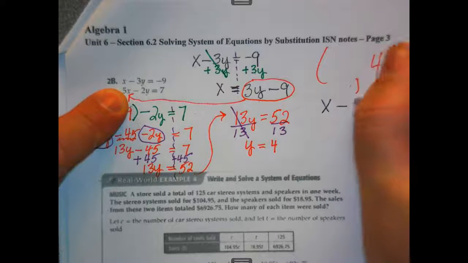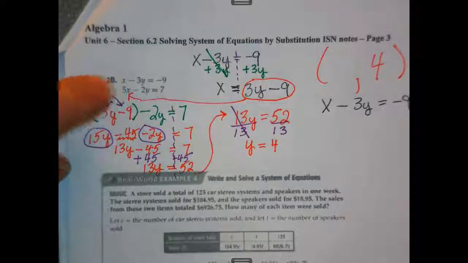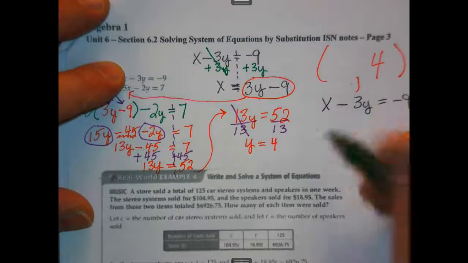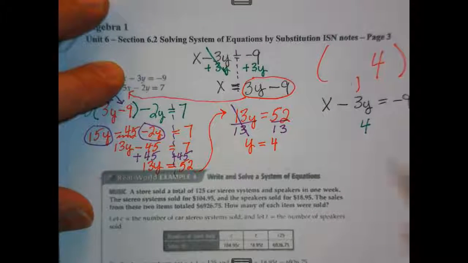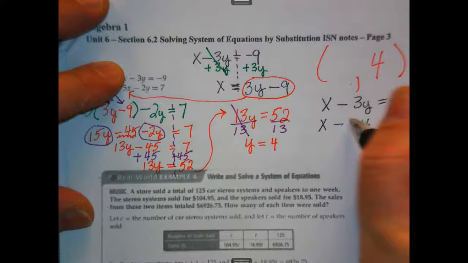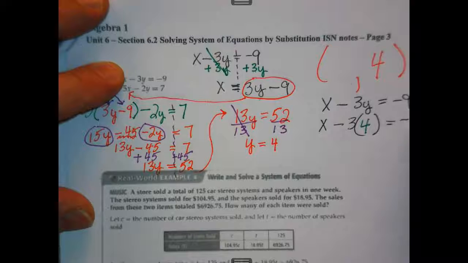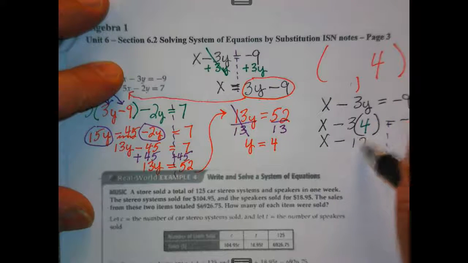X minus 3y equals negative 9. Be careful. This time we're substituting 4 into the y. Okay. So I have x minus 3 times y, which is 4, equals negative 9. So I have x minus 12 equals negative 9.